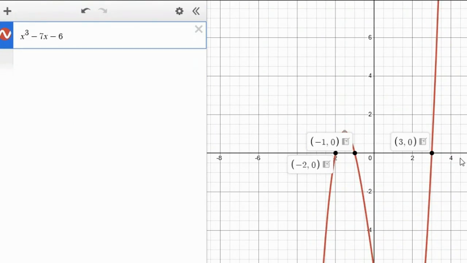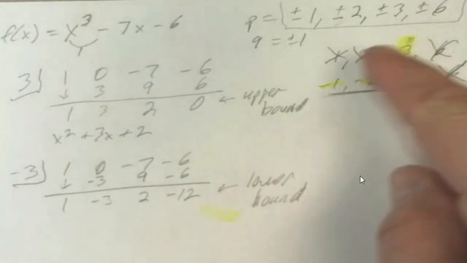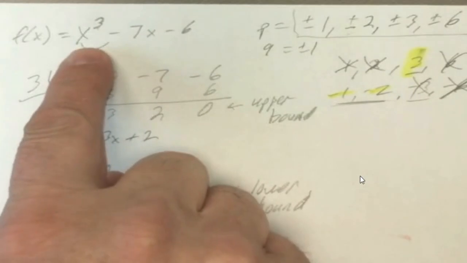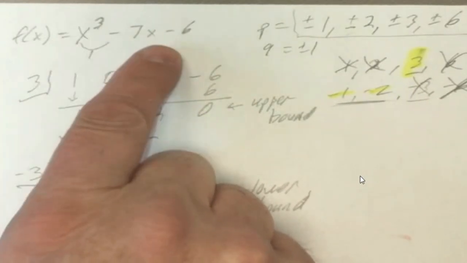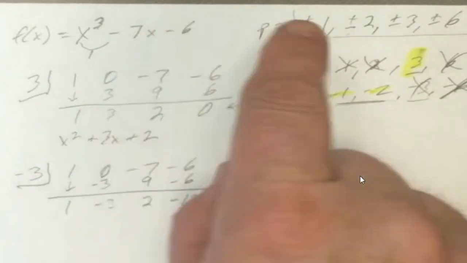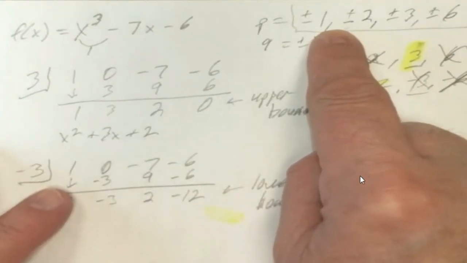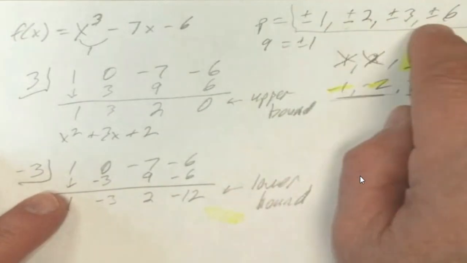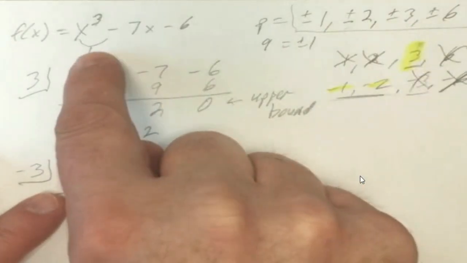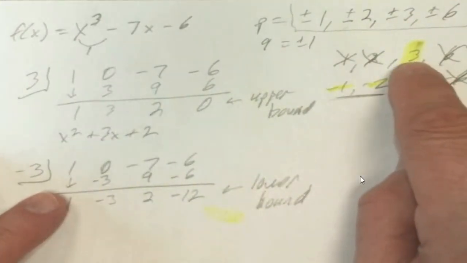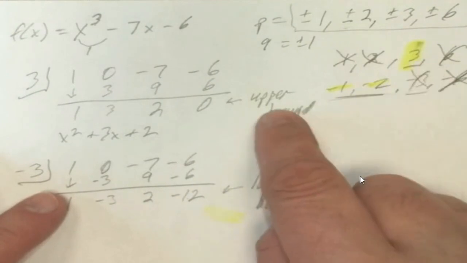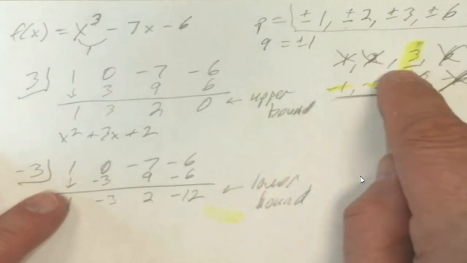But algebraically, we eliminated a whole lot of work of just not knowing anything at the beginning. Boy, that could be any number. Well, the rational root theorem, or the rational zero theorem, narrowed it down to 8. Descartes said there's only 1 positive, so if we check this one, we know the upper bound says it can't be larger.